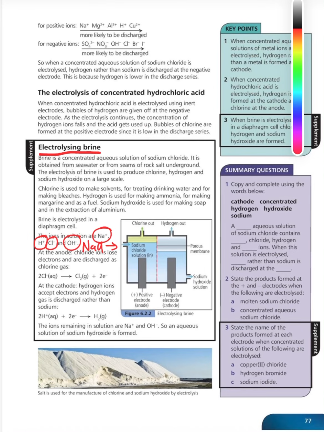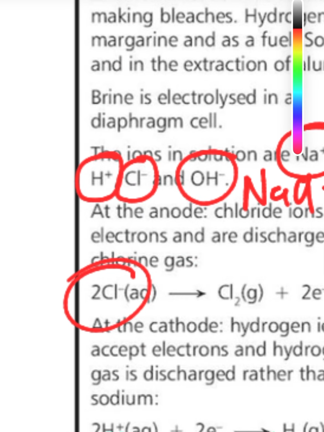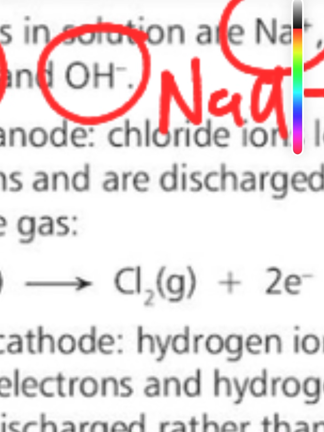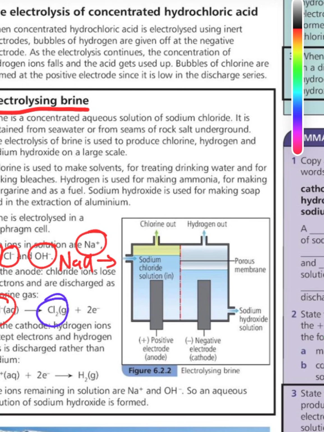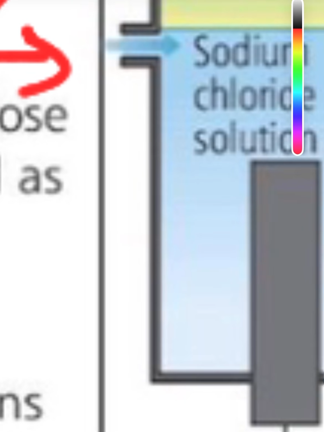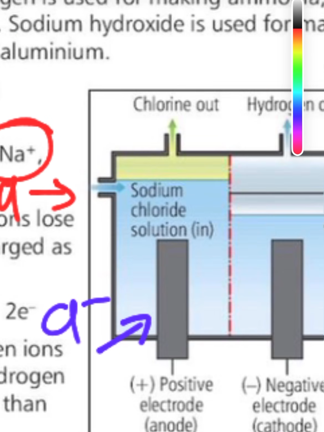So what happens is that because of preferential discharge, chlorine is going to lose electrons. So Cl minus has extra electrons. It loses electrons to form chlorine gas. And this takes place at the positive electrode. Remember, chloride ions, because they are negatively charged, will migrate to the positive electrode.